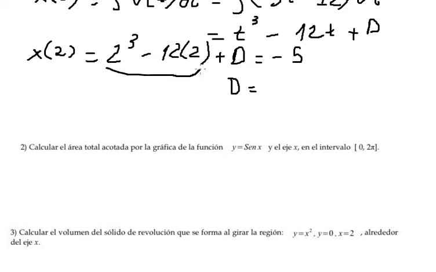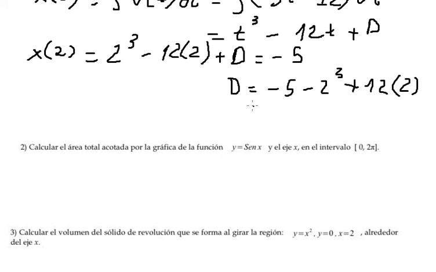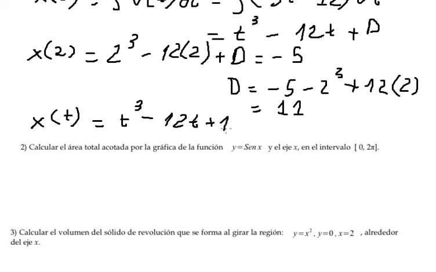We put this one to the right, and we got d equal 11. So you got s(t) equals t to the power of 3 minus 12t plus 11. And this is the final answer.